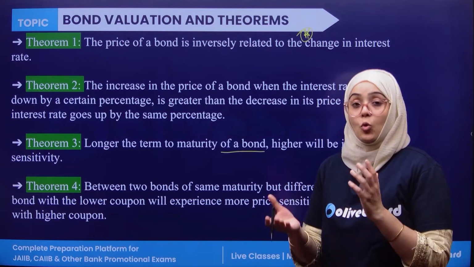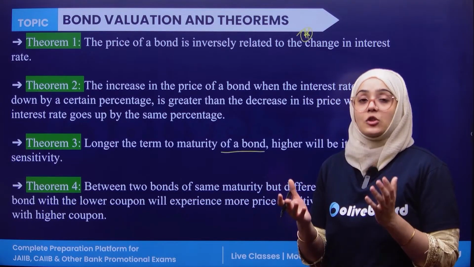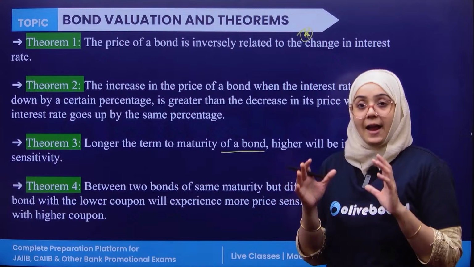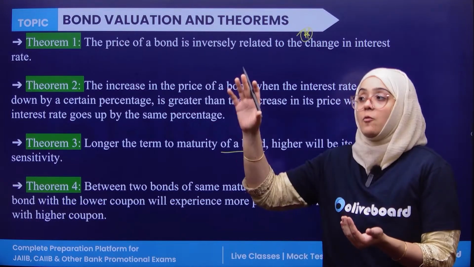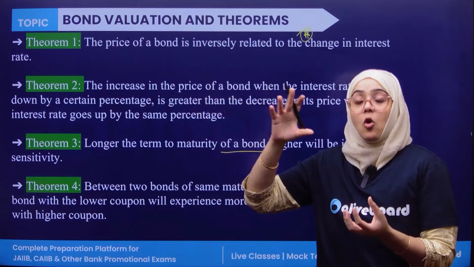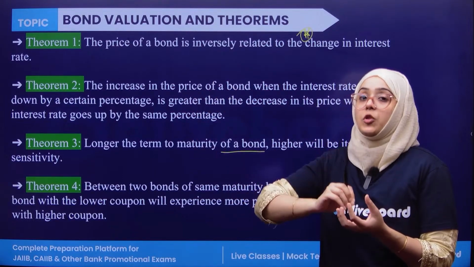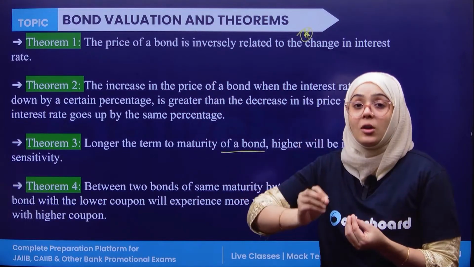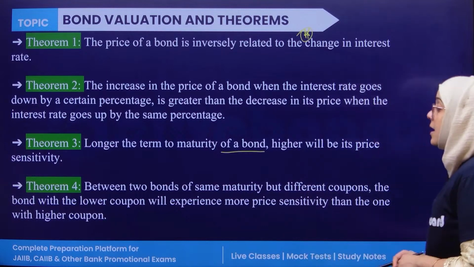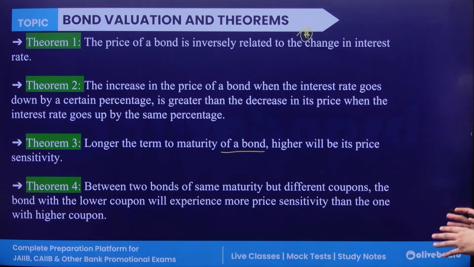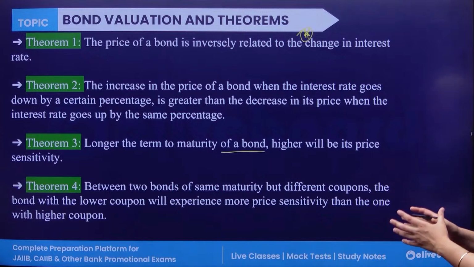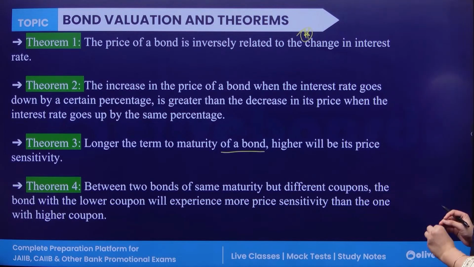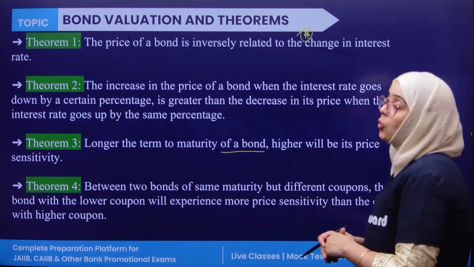It means that if two bonds are compared, the bond with the longer maturity period will fluctuate more in price with market interest rates. Last, between two bonds with the same maturity but different coupons, the bond with the lower coupon will experience more price sensitivity than the one with the higher coupon.